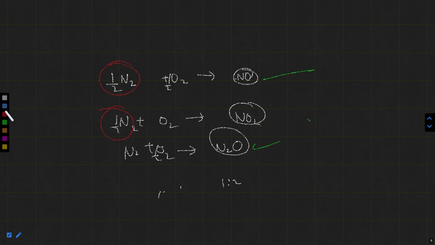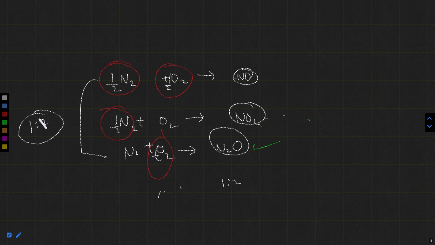Now in these two reactions, you can see that N2 is varying and half O2 is kept constant. Clear? Again, the ratio for nitrogen will be 1 is to 2. Now in this case, neither nitrogen nor oxygen is fixed.